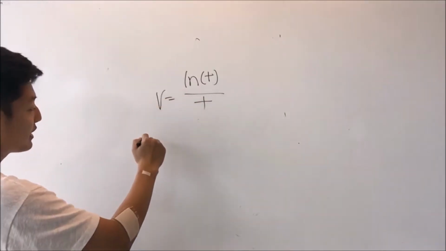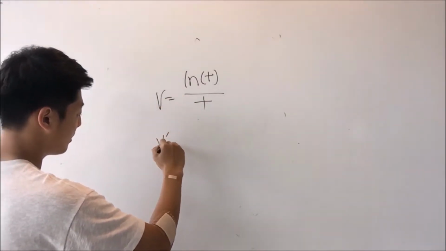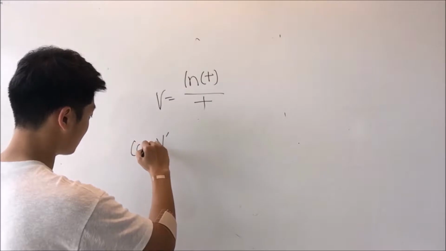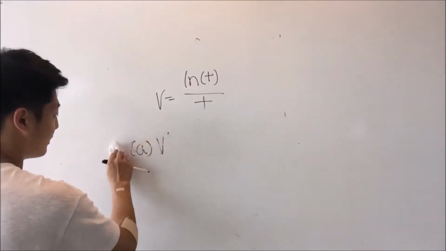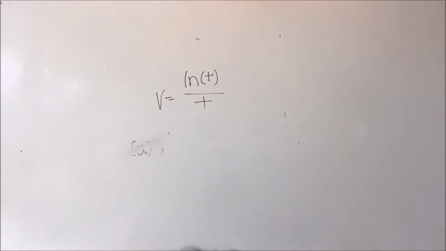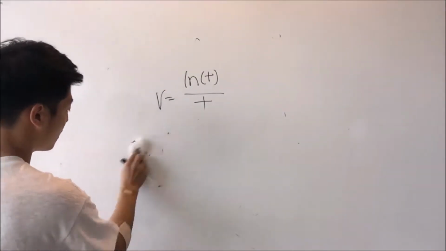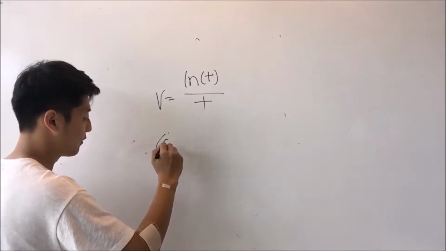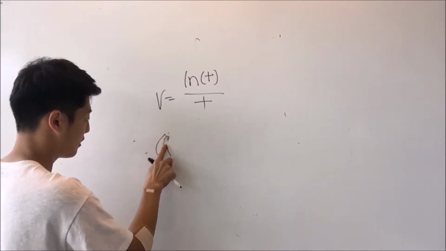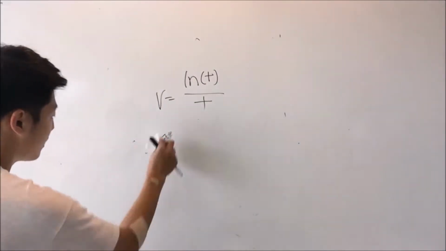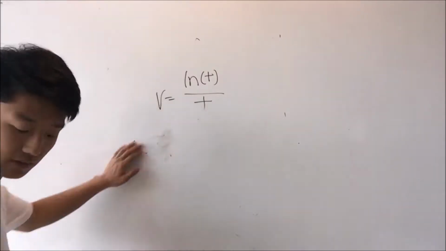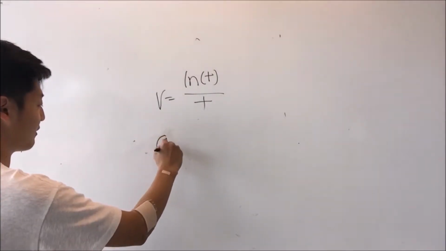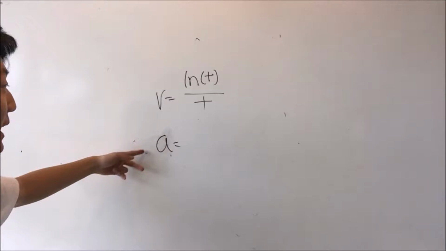Because I have to differentiate this, I'll write v prime, and I'll say acceleration so you are not confused. If I differentiate v, it will be acceleration.